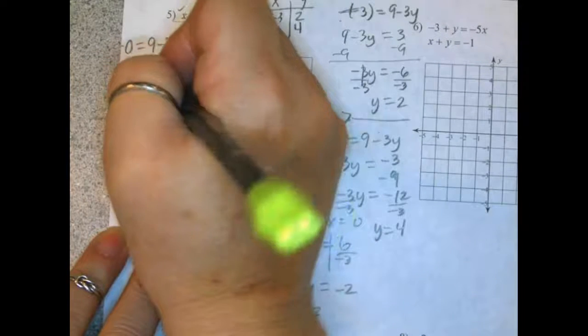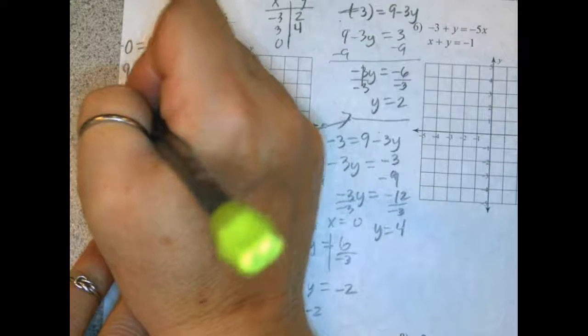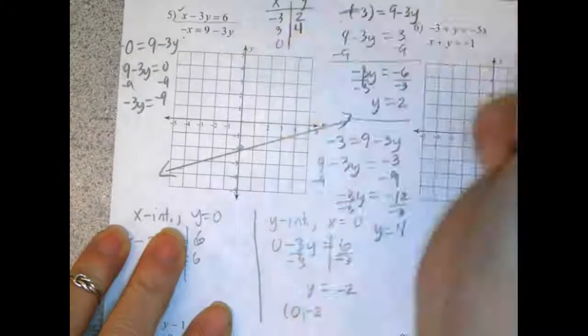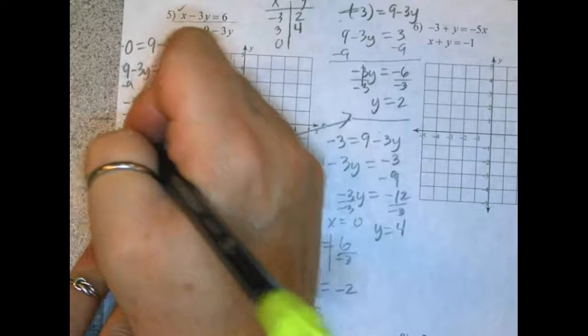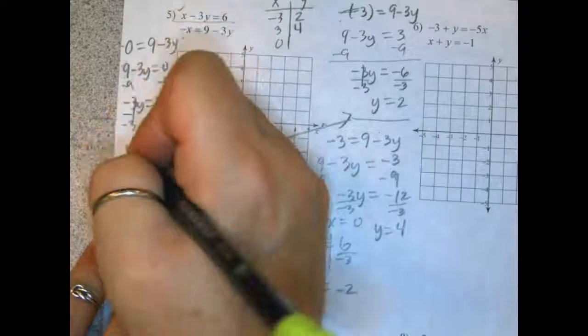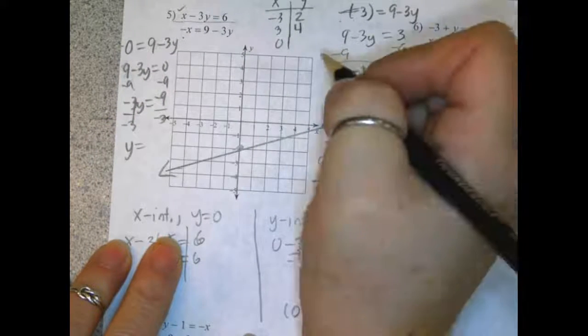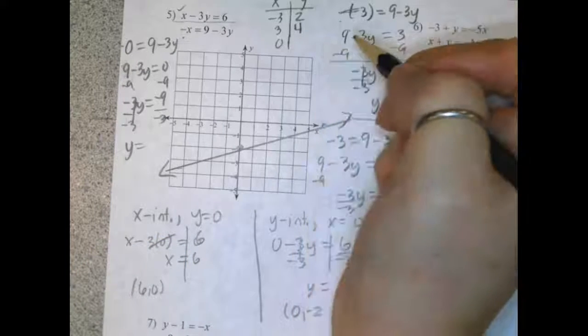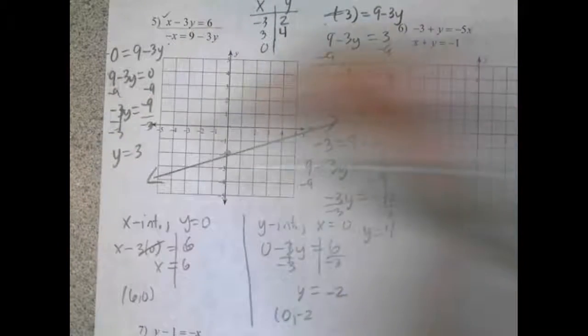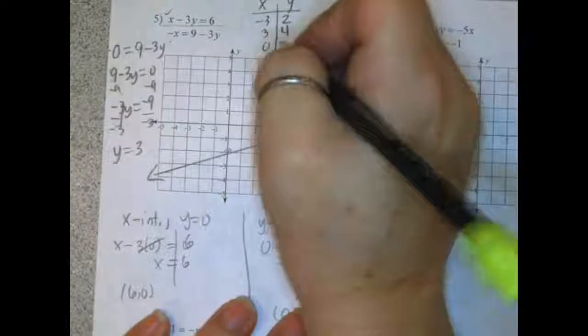Subtract 9, subtract 9. Now I have negative 3y is equal to negative 9. Divide both sides by negative 3. What does y equal? Positive 3. Right? So I can go ahead and graph that now.